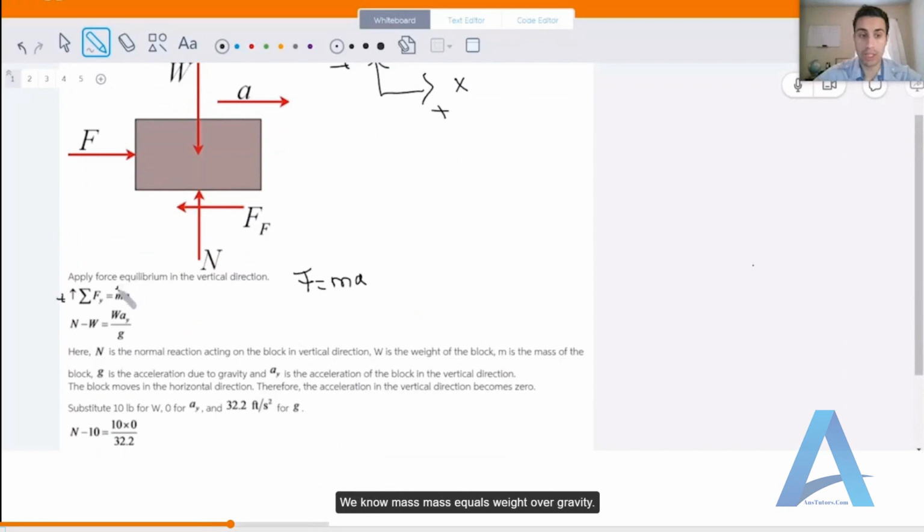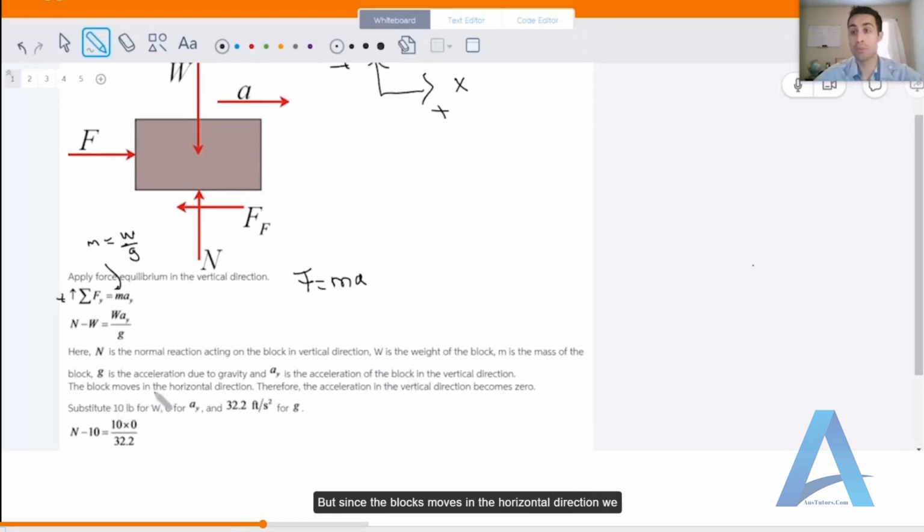We know mass equals weight over gravity. So we simplify this to weight over gravity times a_y. N is the normal reaction, g is the acceleration due to gravity, a_y is the acceleration of the block in the vertical direction.